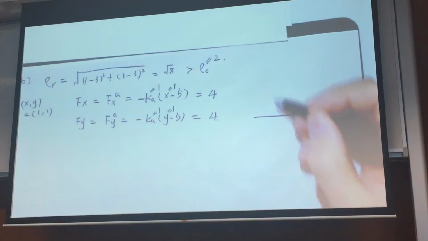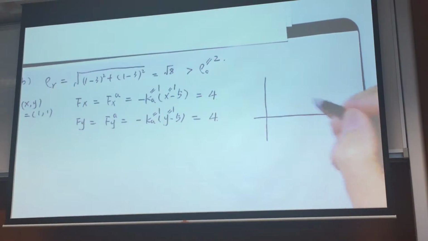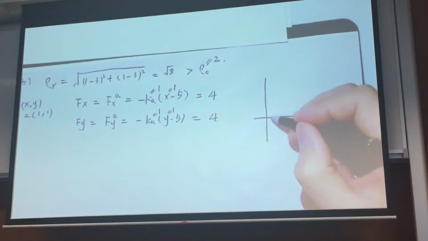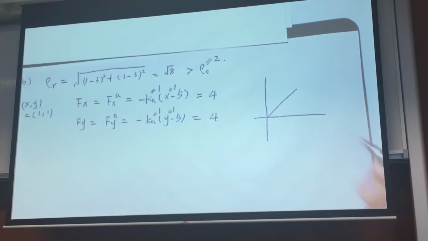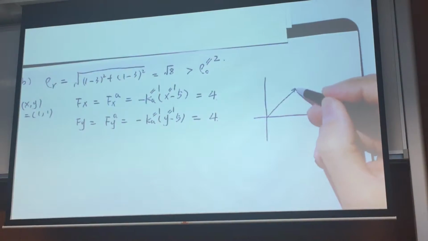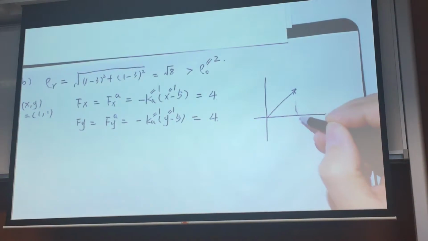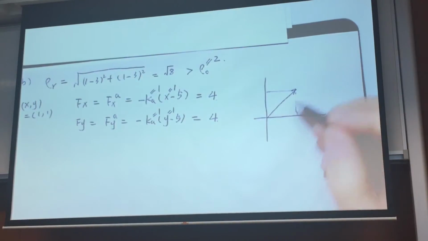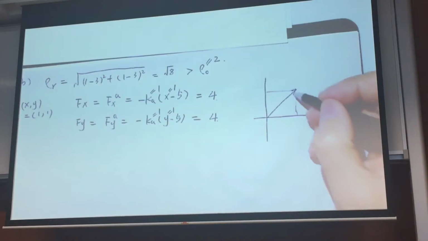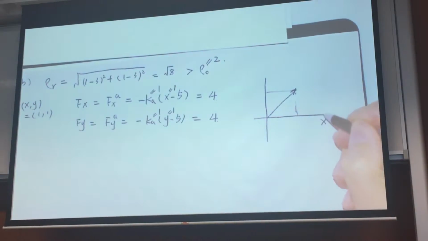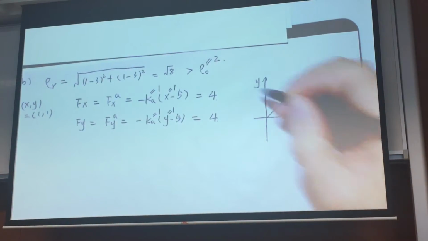To plot it, you can just plot a vector like here. These are supposed to be 4, these are supposed to be 4. These are the x direction, these are the y direction.